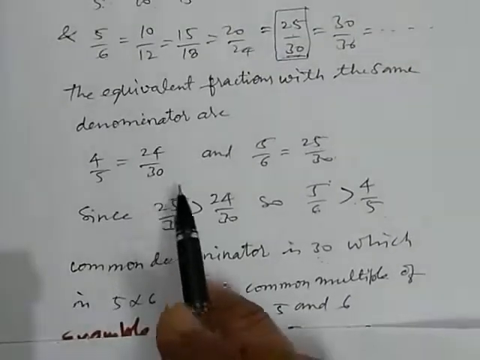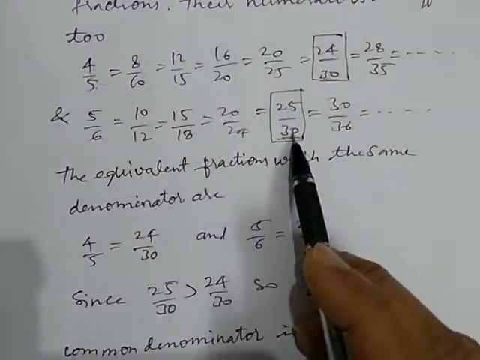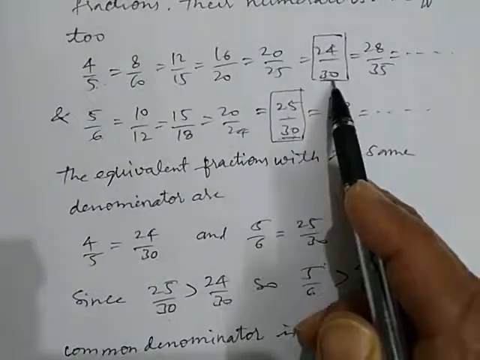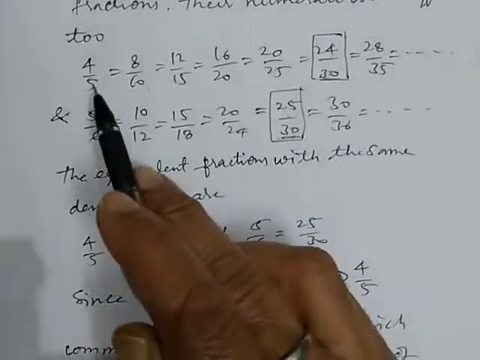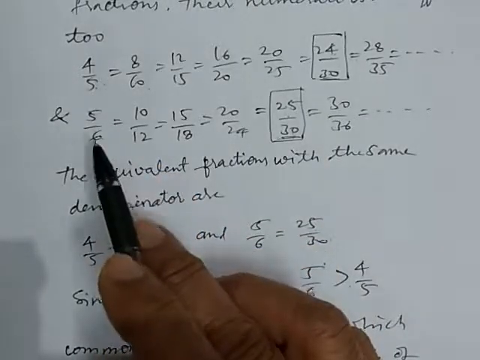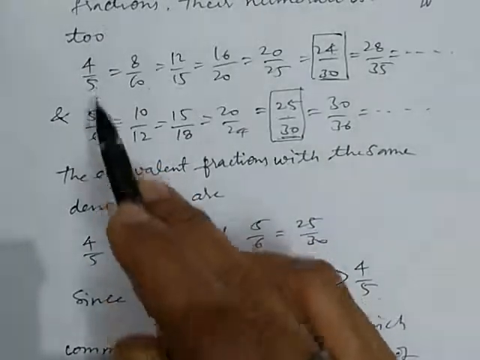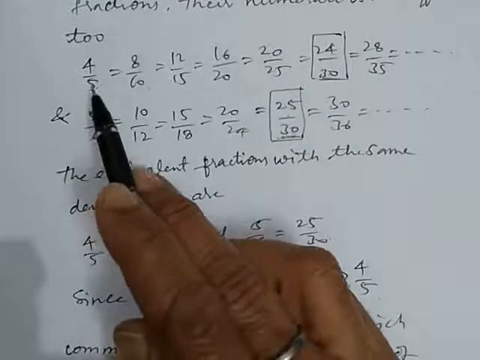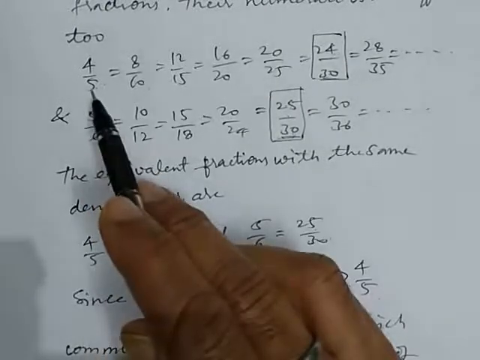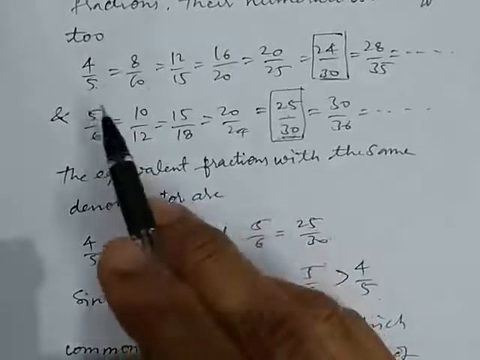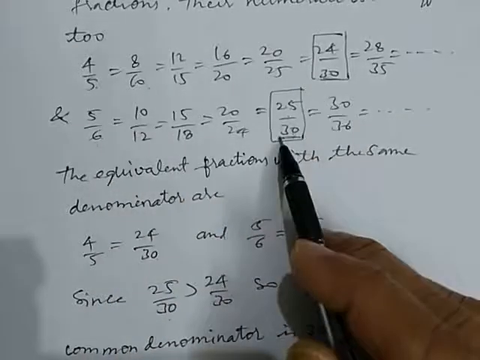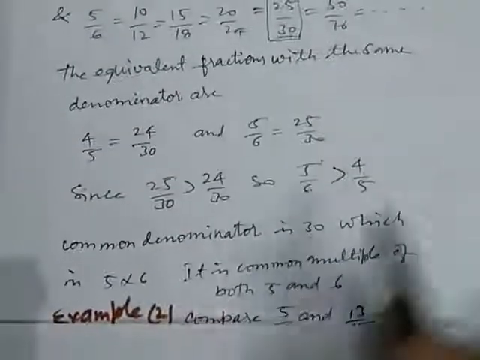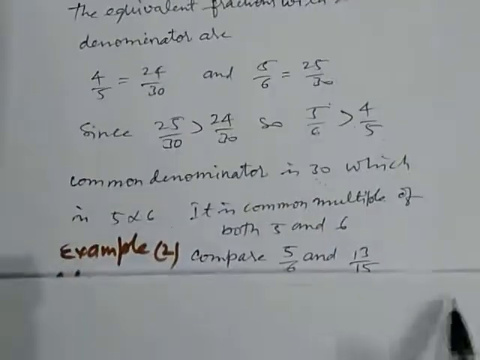Here one has 5 and the other has 6. So you can find that if we multiply both the denominators to each other, then we get these equivalent fractions very easily. So this way you can solve also.